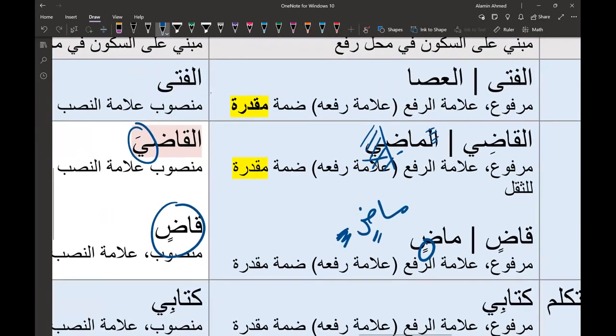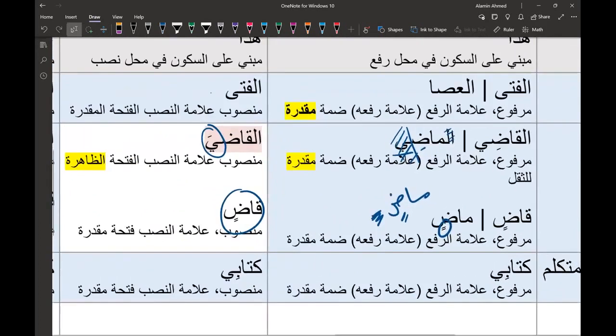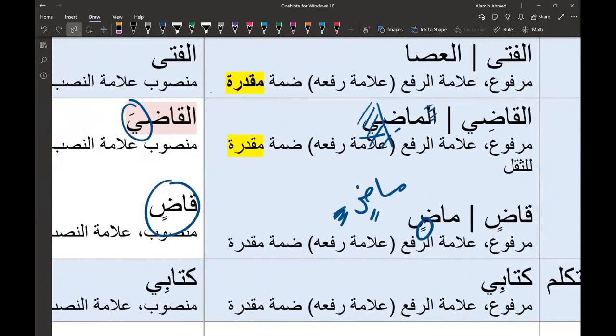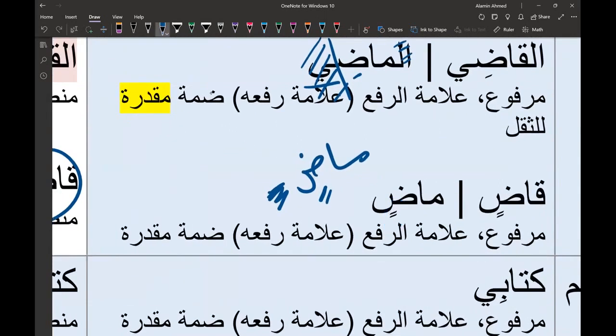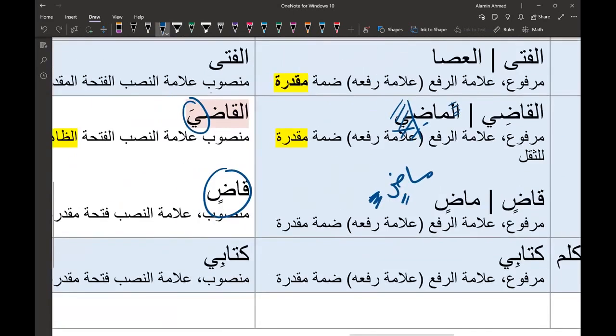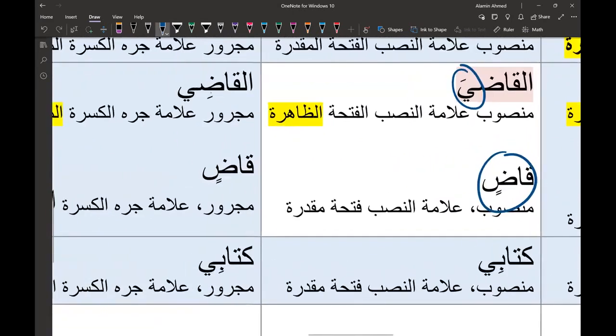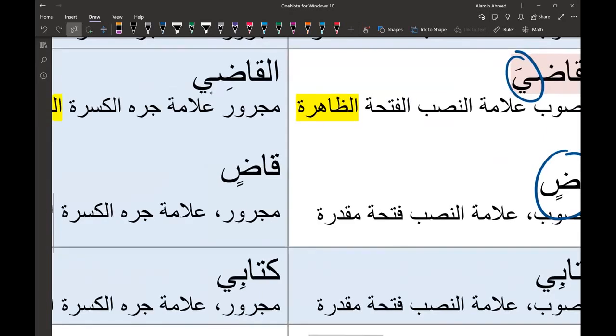So the rule is what we said, that in the raf state, in the rough state, it is taqdiri, because we don't put the ya. And so it is in the jar. Remember, we talked about this. The kasra doesn't mean it is the jar kasra, it is the kasra of something else, right? It is kasra of spelling.